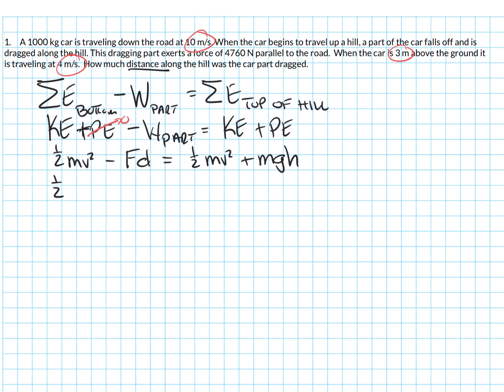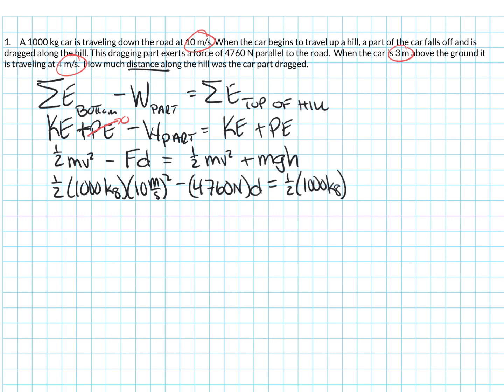So 1/2 the mass, that's going to be 1,000 kilograms, times the speed at the bottom of the hill. So that's 10 meters per second squared, minus the force, which is 4,760 newtons, times the distance. I'll put that in parentheses to separate it out. Equals, on the other side, 1/2 1,000 kilograms, times the velocity at the top of the hill.